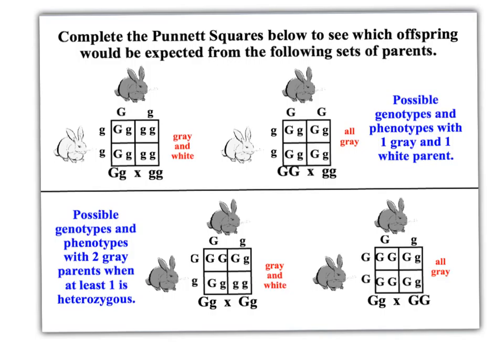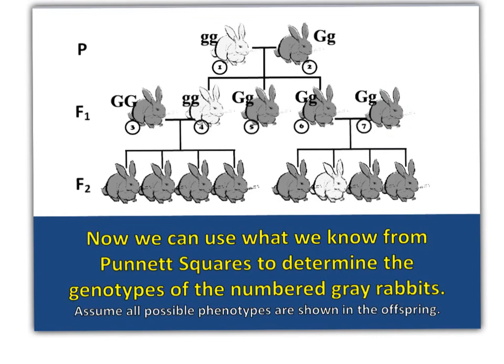I like to look at the actual family tree and go from there instead, okay? And you can see what the outcome could be if you're having issues. We'll go over that a different time. Okay, so now you can use what you know from the Punnett squares to determine the genotypes of the numbered gray rabbits, okay? And I already showed you how to do a couple of those, and I want to do them together with you when you're actually filling out your own paper. So I'm going to go ahead and skip through this.